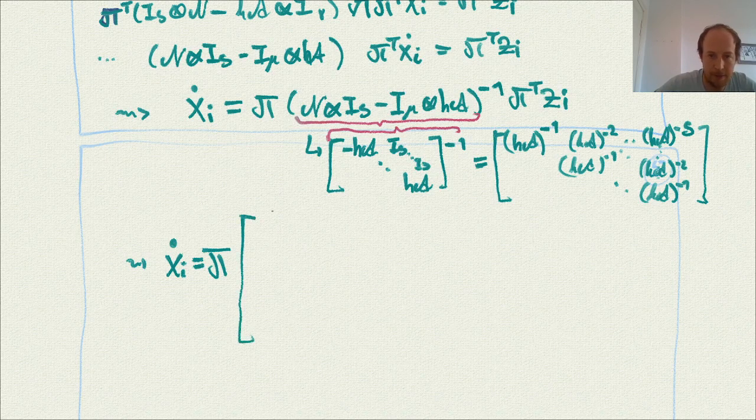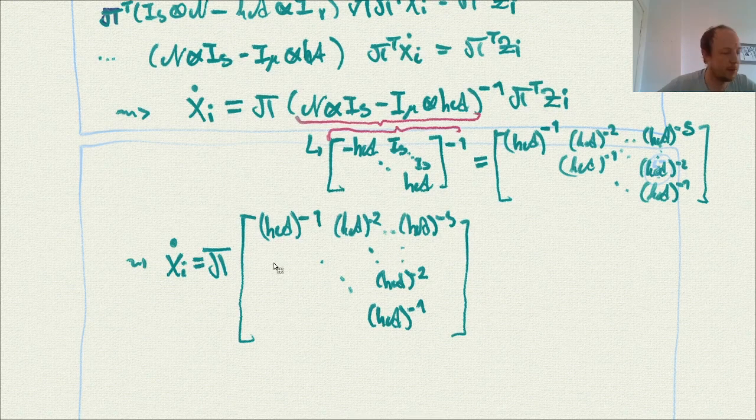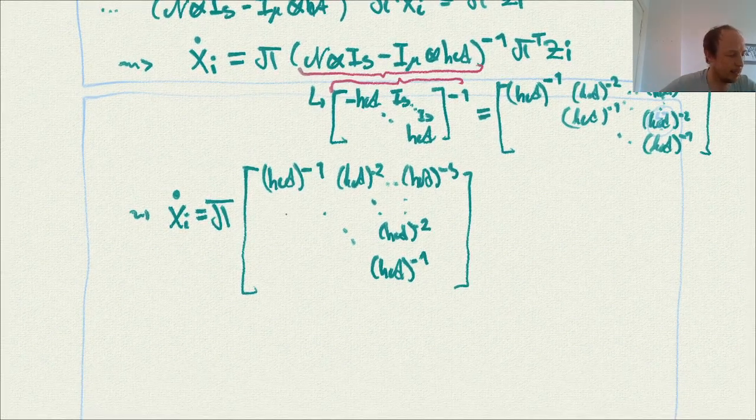Here the inverse, I can write them a bit nicer: I to the -1, hα to the -1, hα to the -2, hα to the -2, and here we have hα to the -s.